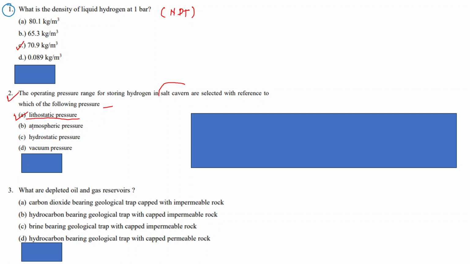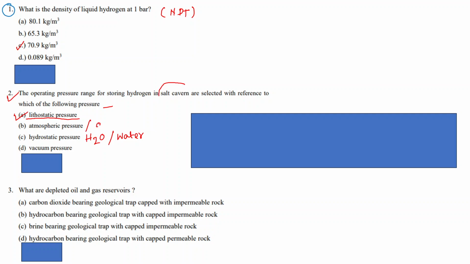Coming to the first option, atmospheric pressure. You can feel the atmospheric pressure, meaning it is surrounded by air, at 1 bar. Hydrostatic pressure is when it is surrounded by liquids.